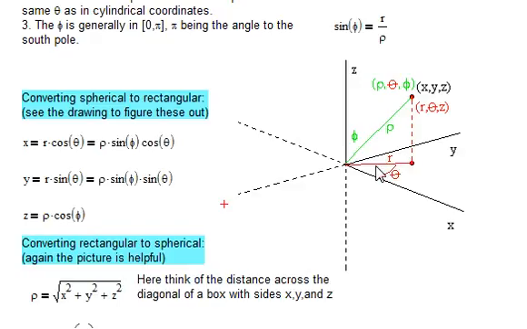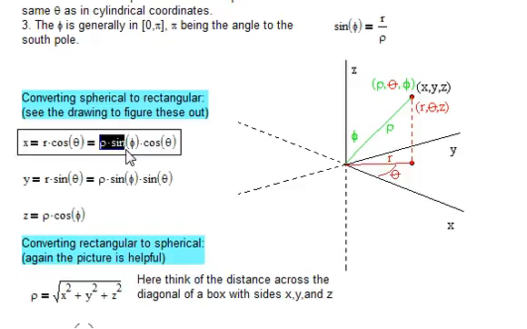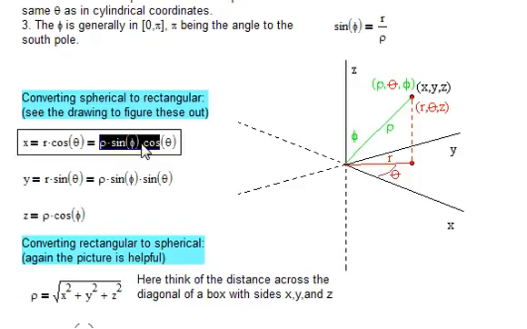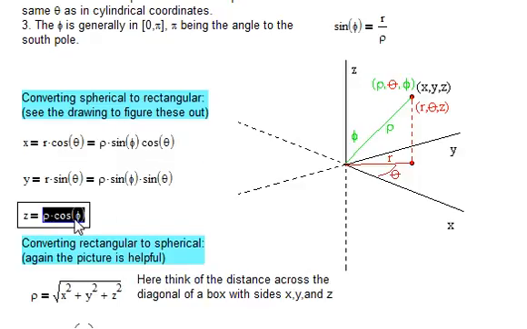But sine of pi over 2 minus phi is the same as cosine of phi. So cosine of phi is z over rho, so z equals rho cosine of phi. There, we've got it. Given spherical coordinates rho theta phi, or rho phi theta, depending on whose book you're using, then we can find x this way, y this way, and z this way. Nothing to it.